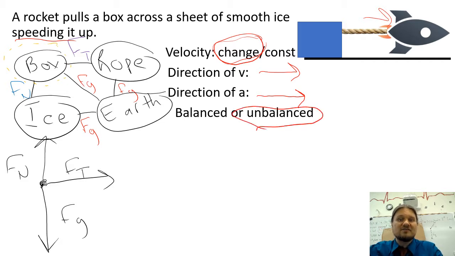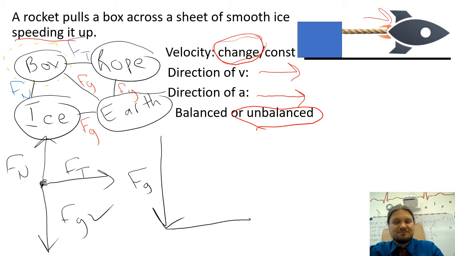That is Newton's first law. If the velocity is changing, the forces are unbalanced. Now that we've got that out of the way, we can go to drawing the vector addition diagram. I'm going to start off with drawing FG. The next one is the tension vector, FT.